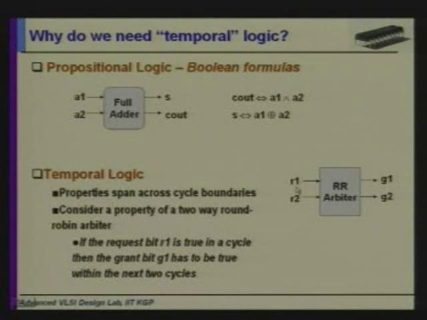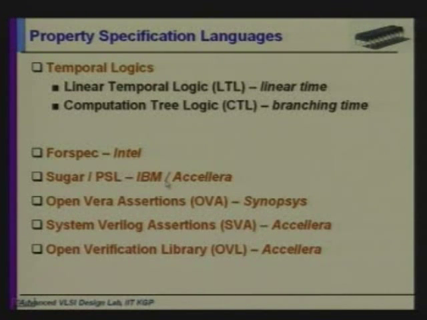So if R1 makes a request and R2 receives a grant, R2 will be given the grant for one cycle, then R1 will receive its grant. So the property spans over 2 time cycles: if the request bit R1 is true in a cycle, then the grant bit G1 has to be true within the next 2 cycles. These are the kind of temporal properties.